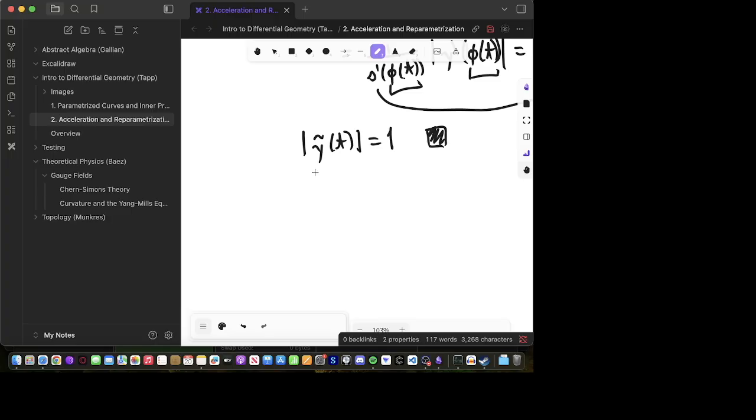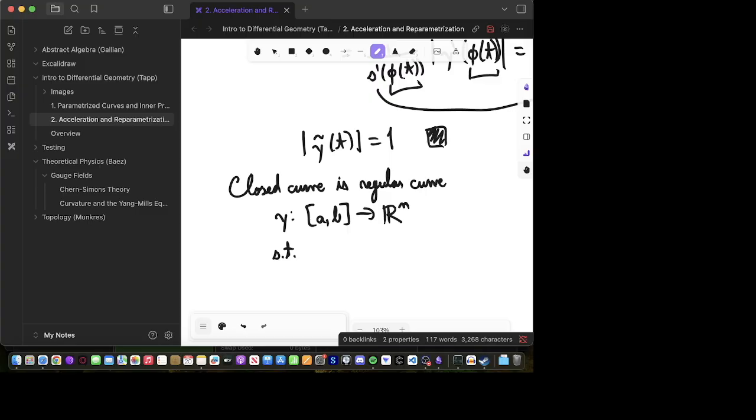So a closed curve is a regular curve from a closed interval, from a to b to Rn, such that gamma of a equals gamma of b, and gamma prime of a equals gamma prime of b, and so on.